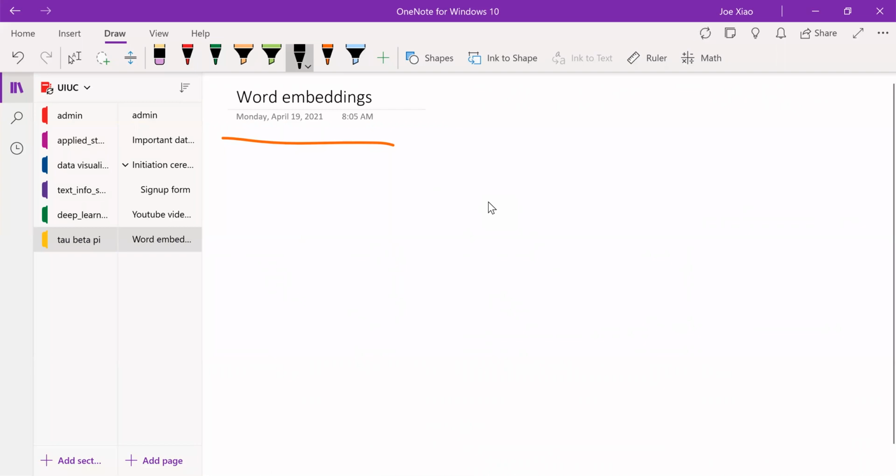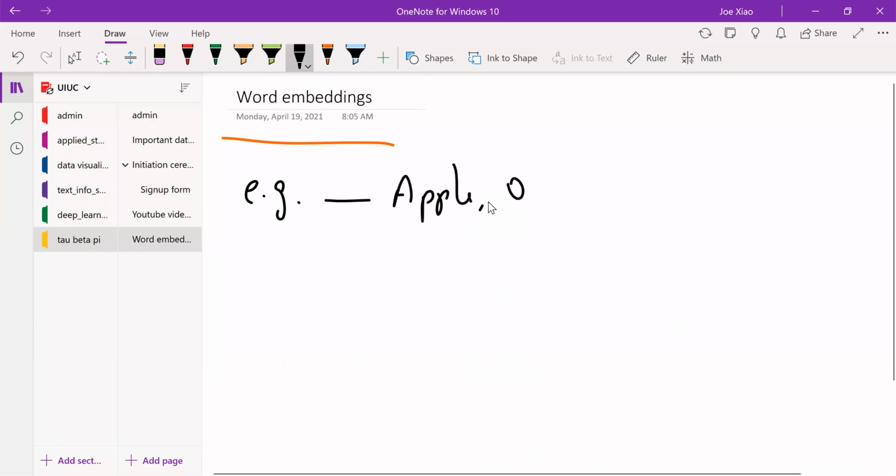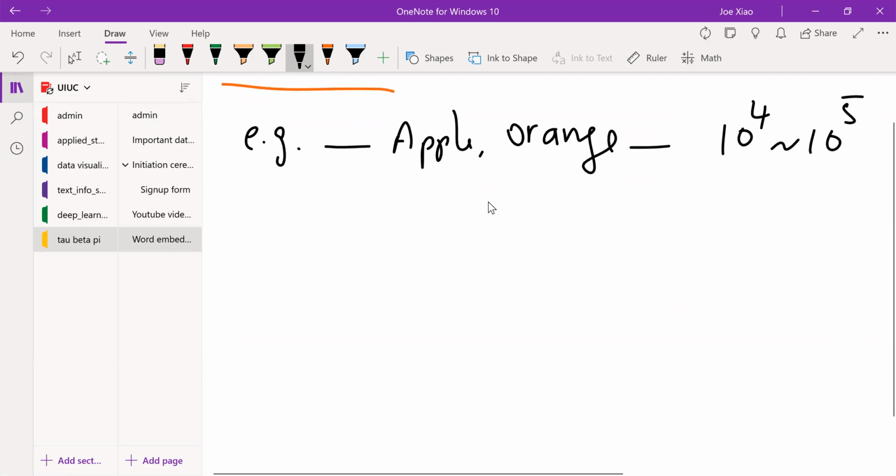Okay, trying to find my notes here. Okay, yeah, so word embeddings. For example, if we want to look at two words, say apple and orange, out of a whole corpus or vocabulary of, say, tens or hundreds of words, how may we do that?